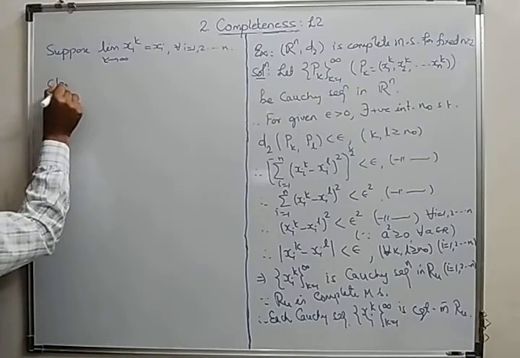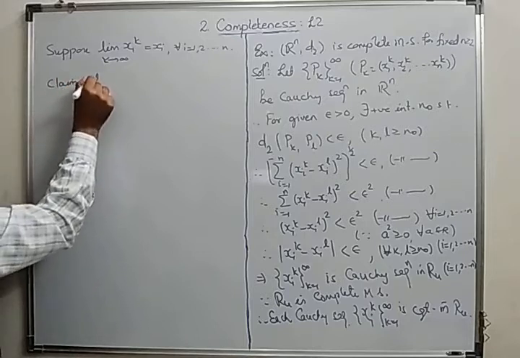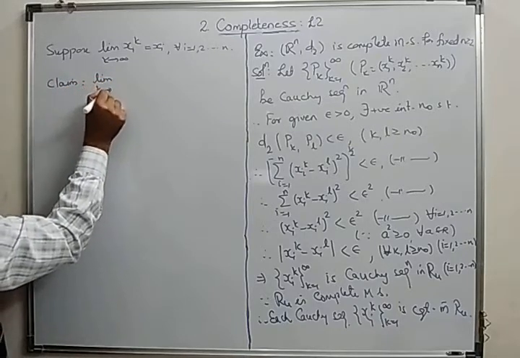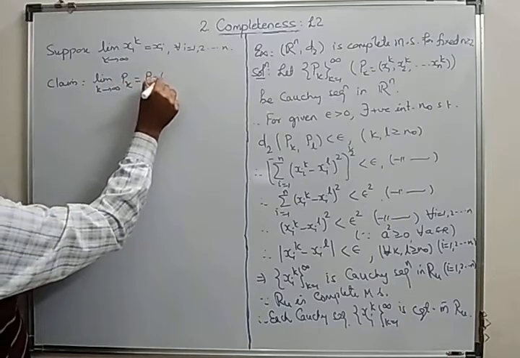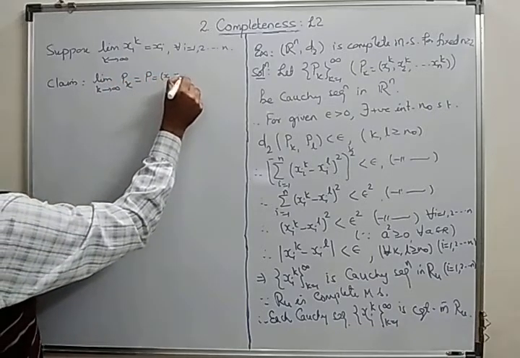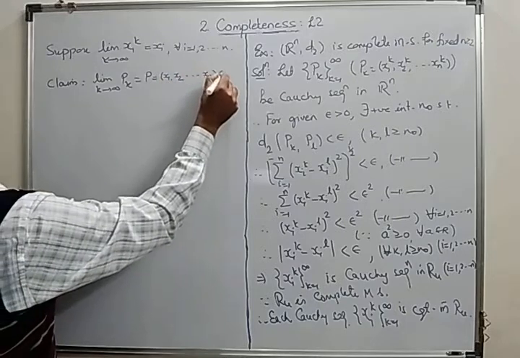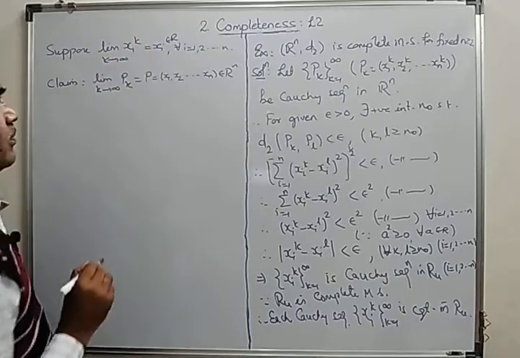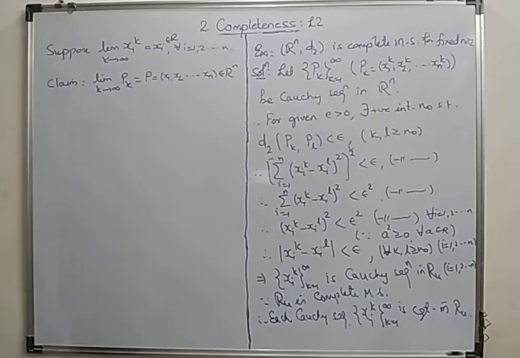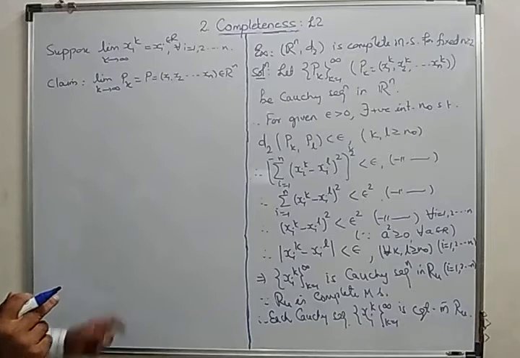Then limit k tends to infinity of Pk must be p equal to (x1, x2 up to xn), which belongs to Rn. This xi lies in R and therefore p lies in Rn. Is it clear?